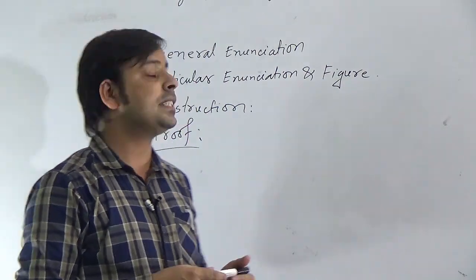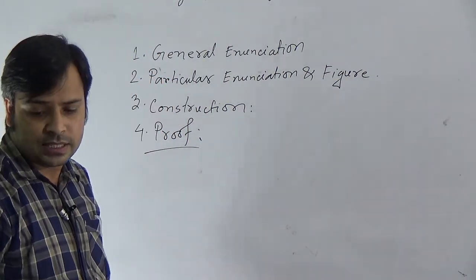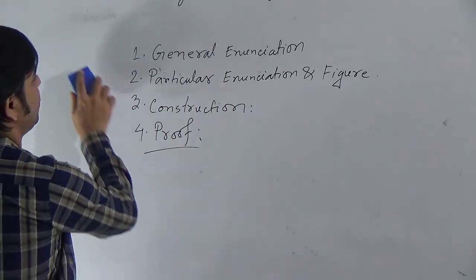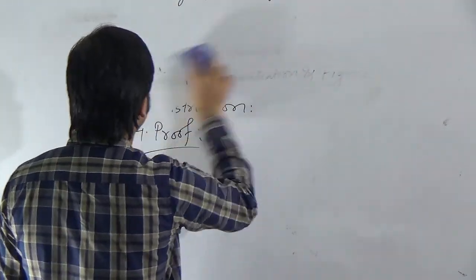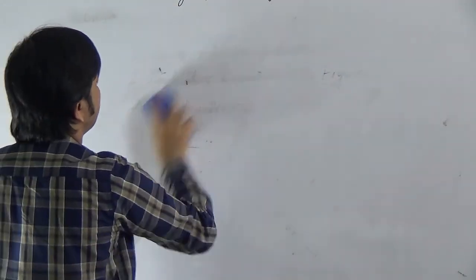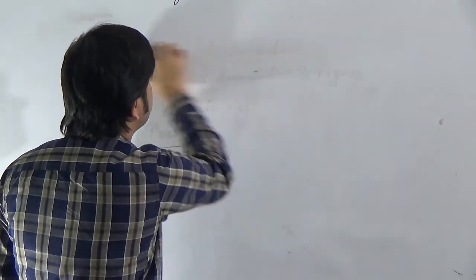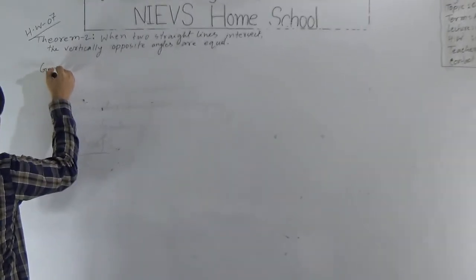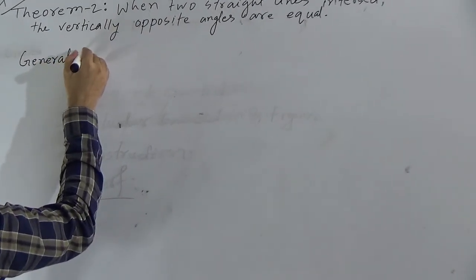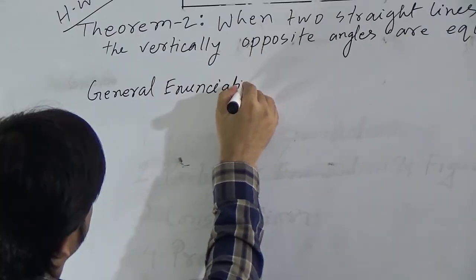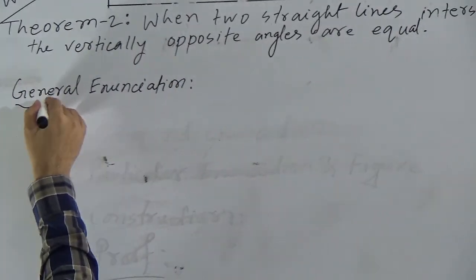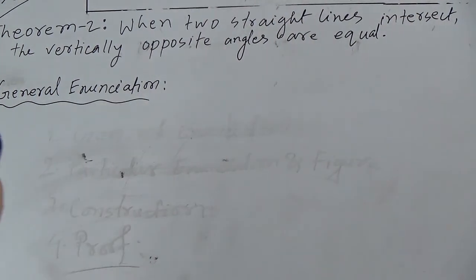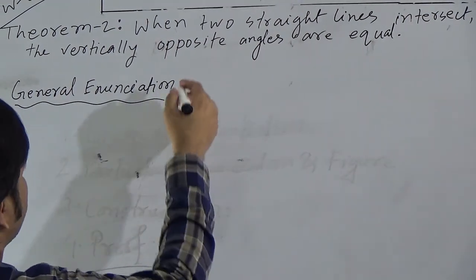Dear students, let us start. How can we prove Theorem 2? Our first part is general enunciation, first step. So write general enunciation at first. We need to write the given statement.